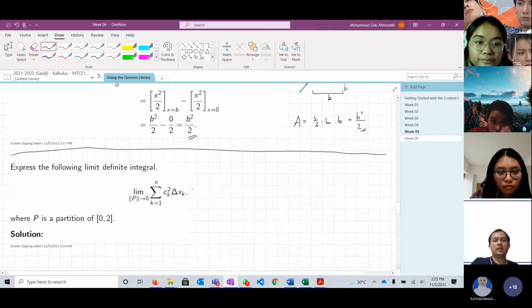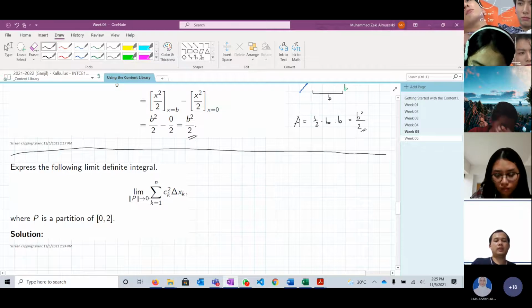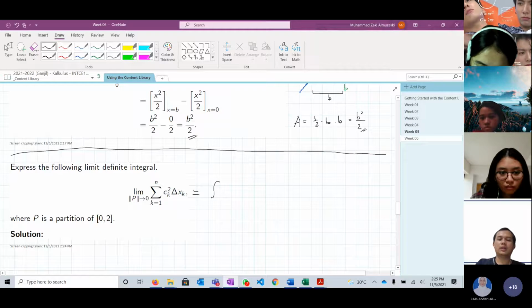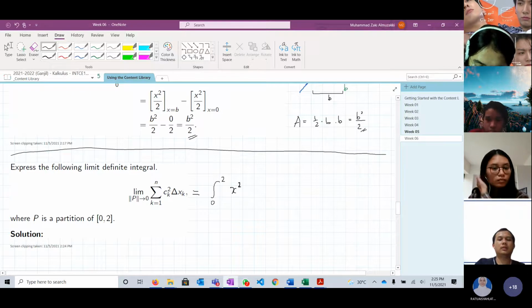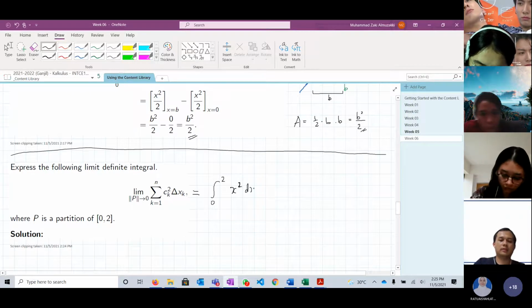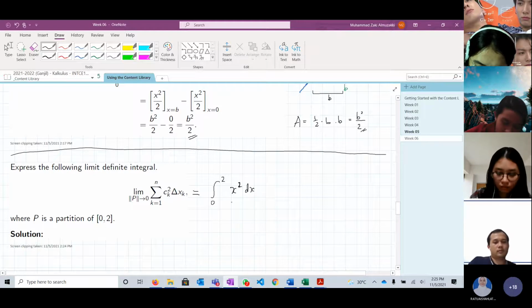Then in this case, if the limit of the length of the partition is going to 0, this sum is basically equal to the integral from 0 to 2 of x squared dx. This is the answer. Ya.